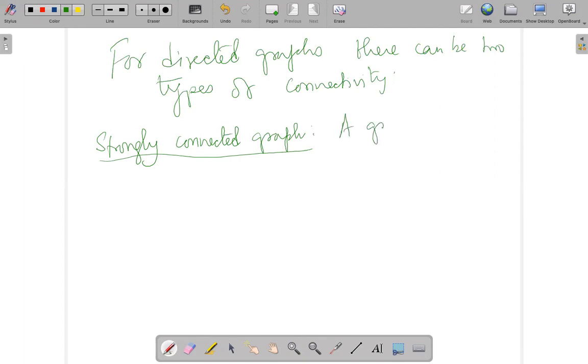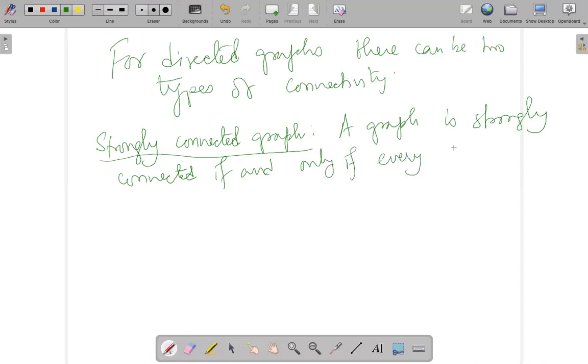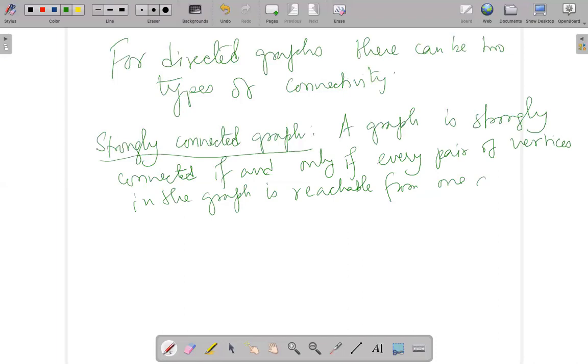So a graph is strongly connected if and only if every pair of vertices in the graph is reachable from one another.